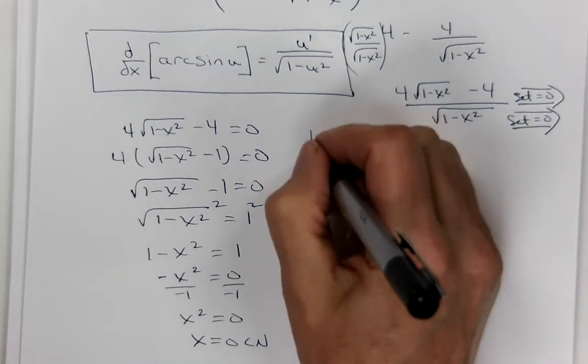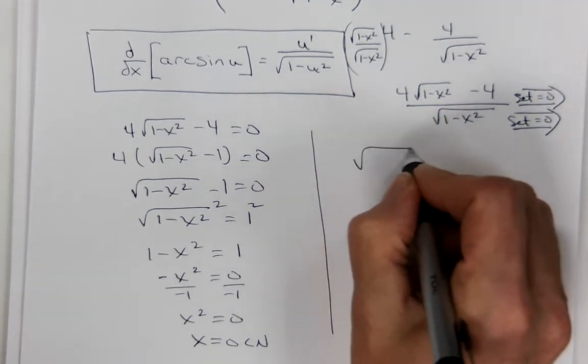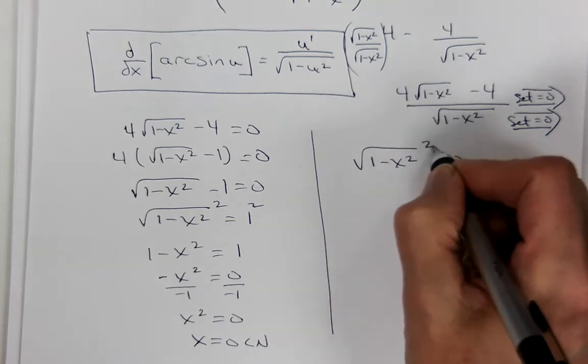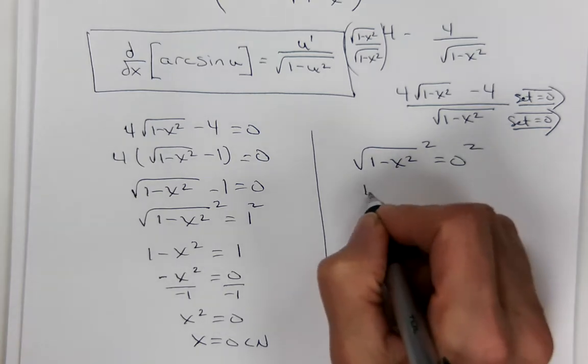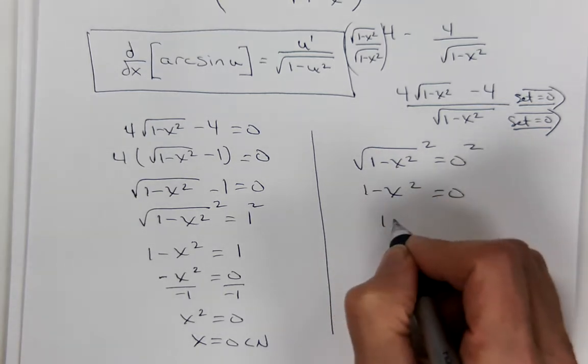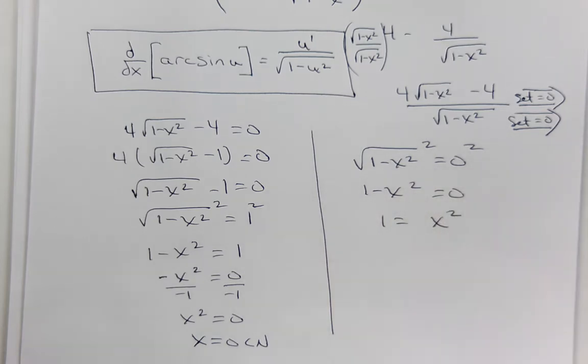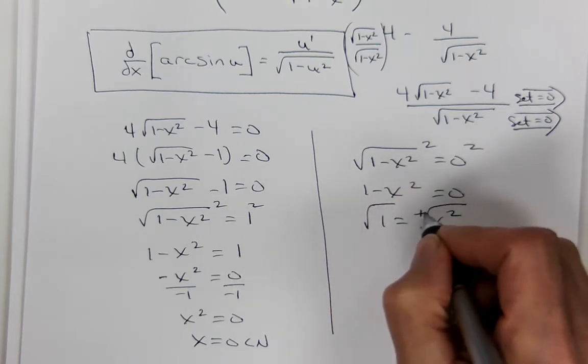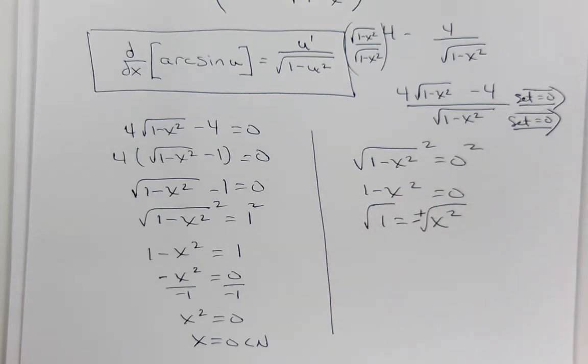The denominator, we'll set that equal to 0. Square root of 1 minus x squared equals 0. Square both sides. Add x squared to both sides. Square root both sides. And careful, careful, careful here. You're getting a positive and a negative.